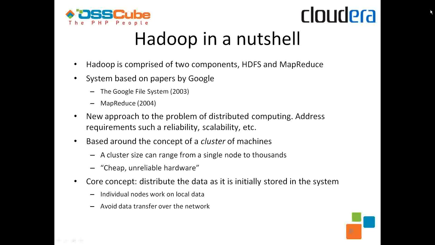The result of their research they published in two papers: GFS, the Google File System, published in 2003, and the year after they published another paper, MapReduce. The open source community picked these papers up and implemented the concepts published by Google, and hence Hadoop was born.